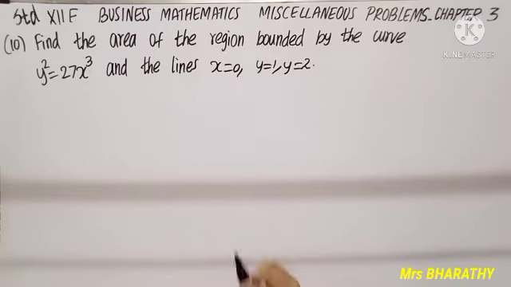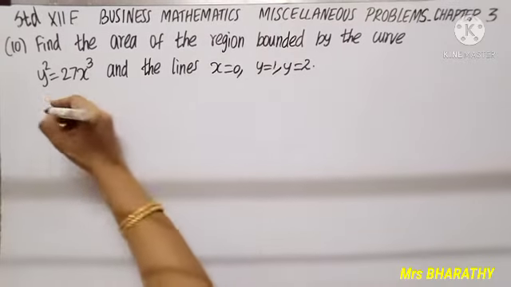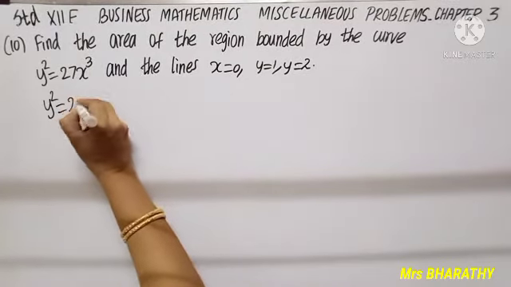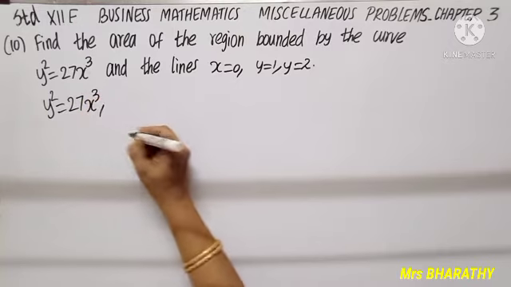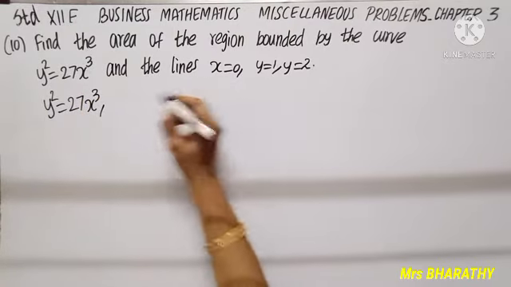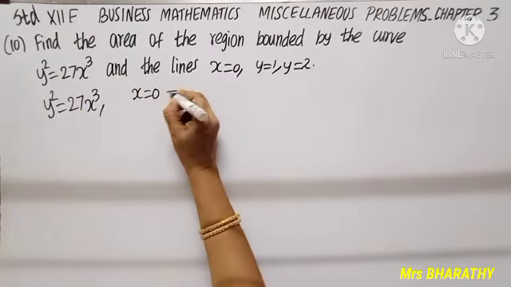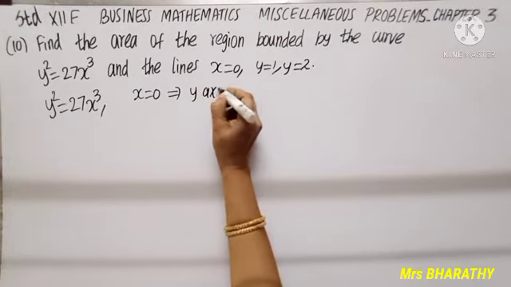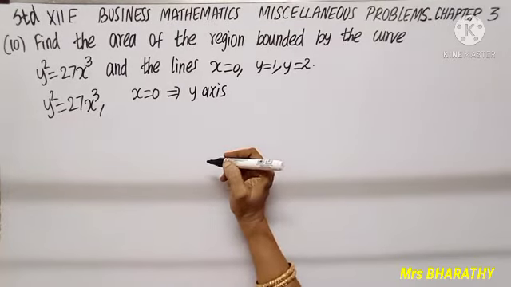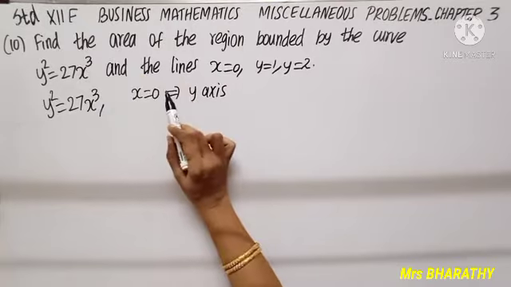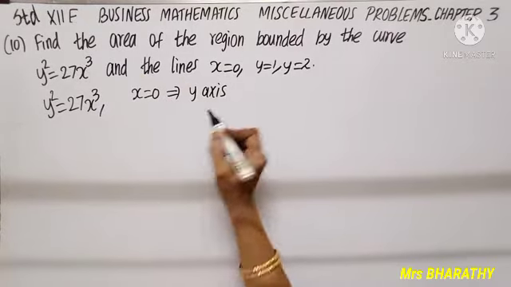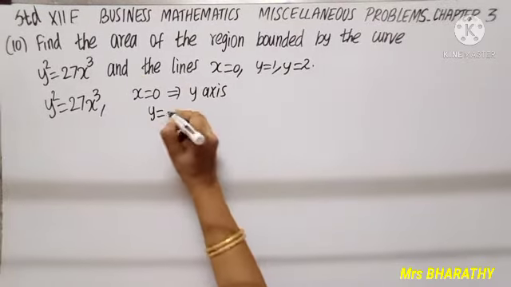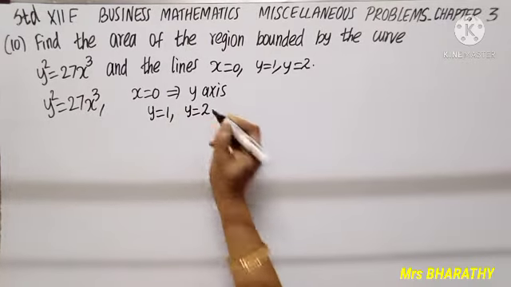Question number 10. Find the area of the region bounded by the curve y square equals 27x cube and the lines x is equal to 0, which implies y-axis. So here the area is required to be bounded by y-axis and the limits are y is equal to 1, y is equal to 2.